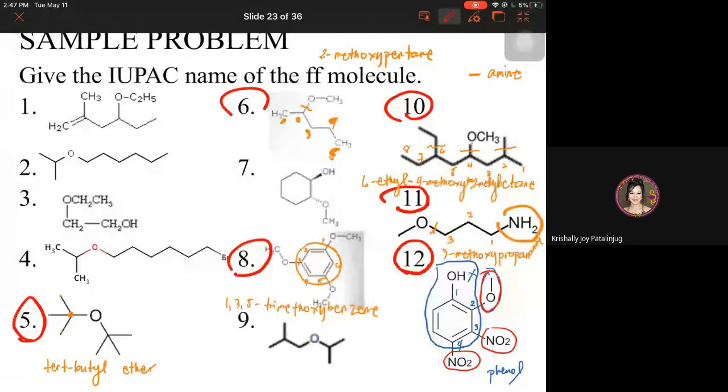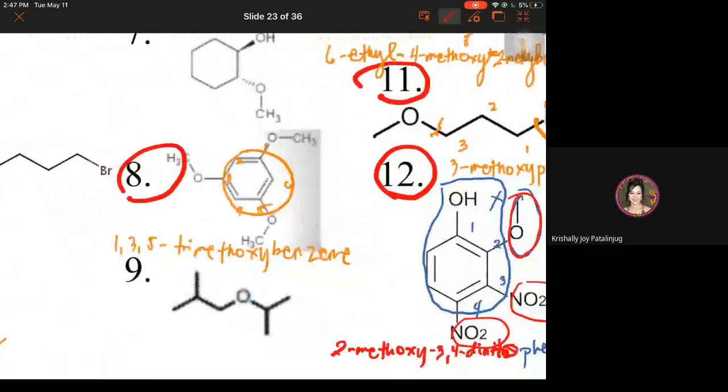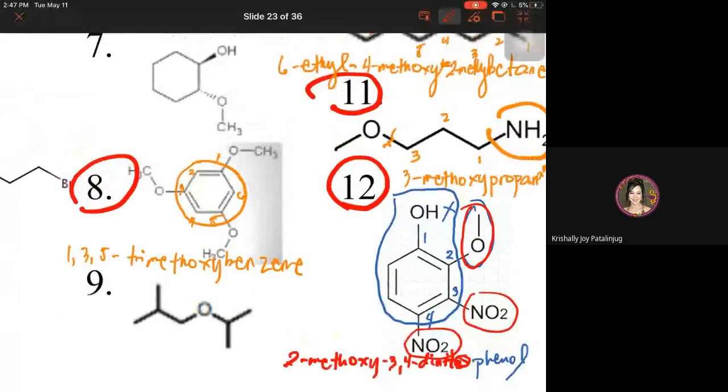So una ang M, methoxy. No? So 2-methoxy. Dayon, 3,4-dinitro. Phenol. Sumpay, one word. Dinitrophenol. No, kana. 2-methoxy, 3,4-dinitrophenol.